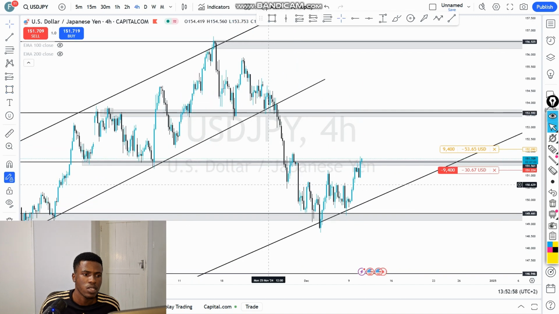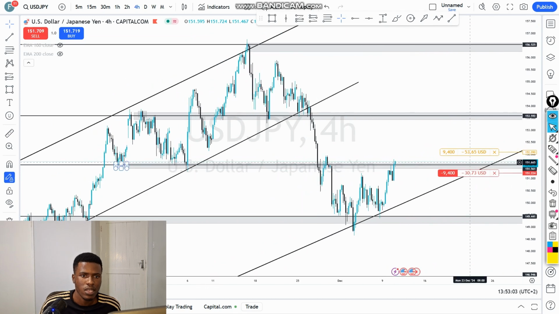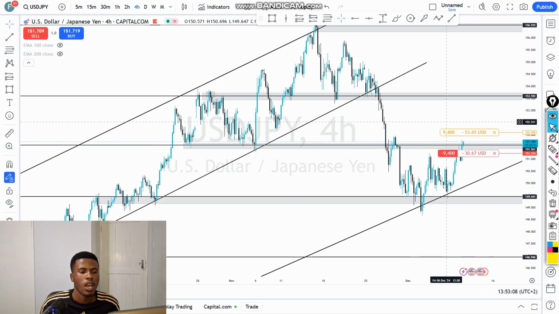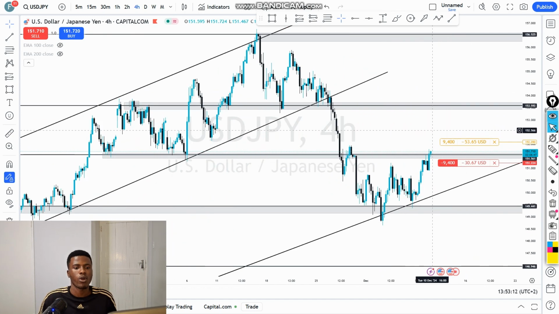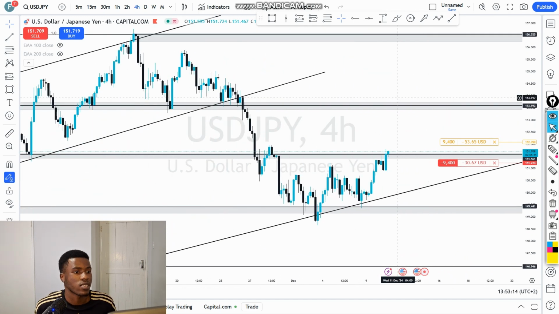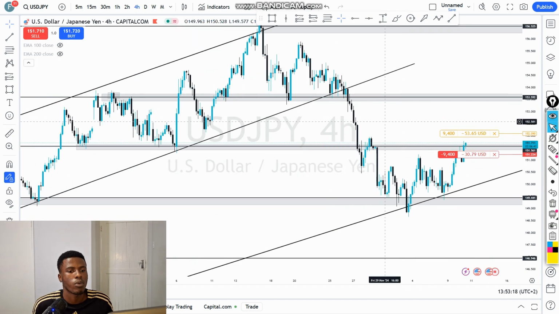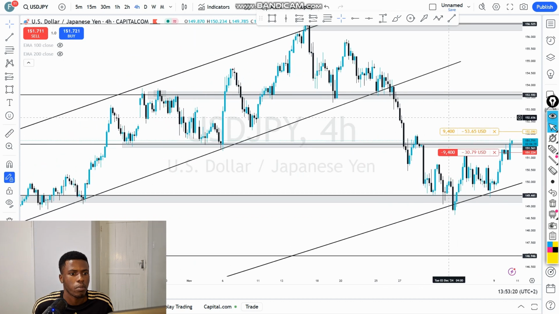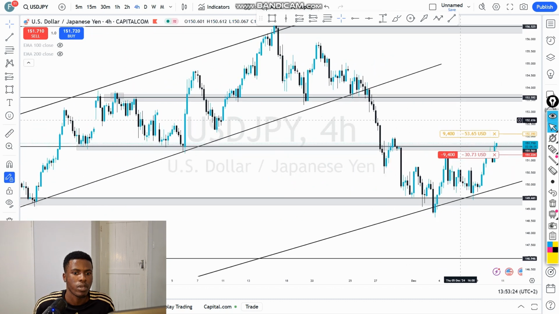So I was expecting this support to be turned into resistance and then continue to the downside. But nonetheless, if I do get stopped out here, I do not mind, since I risk appropriately. So it's not going to be the end of the world. But otherwise, a drawdown sucks, guys. A drawdown always sucks. But there's nothing I can do about it but to continue to follow my plans and trade what I know and what I've backtested.